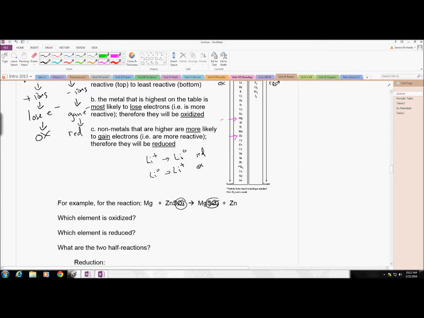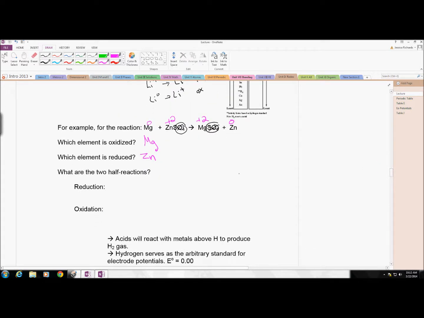So therefore magnesium is the most likely to be oxidized, and the zinc would be reduced if they're going to react. So the one most likely oxidized is magnesium. The one that's going to be reduced is the zinc. That means that the zinc is going from +2 to zinc 0. The magnesium is going from 0 to +2, and then we can write our half reaction.